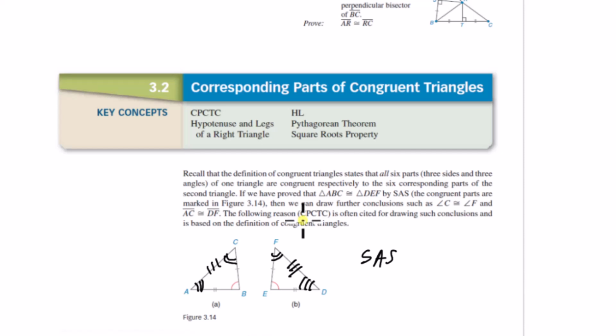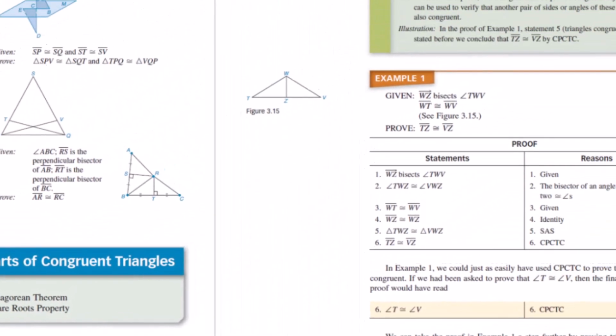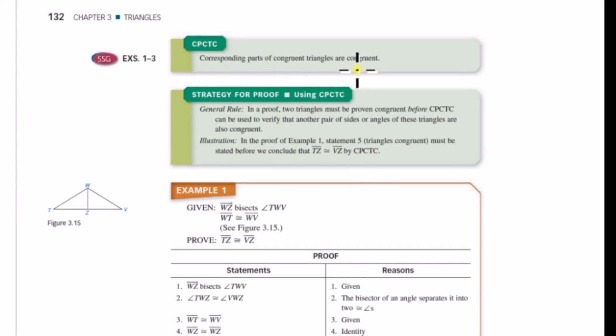Corresponding parts of any two figures, or any number of figures that are all congruent, are congruent. Okay, but we're focusing on triangles, so corresponding parts of congruent triangles are congruent is often cited for drawing such conclusions and is based on the definition of congruent triangles. Exactly. So if we come here, there's this CPCTC, corresponding parts of congruent triangles are congruent.